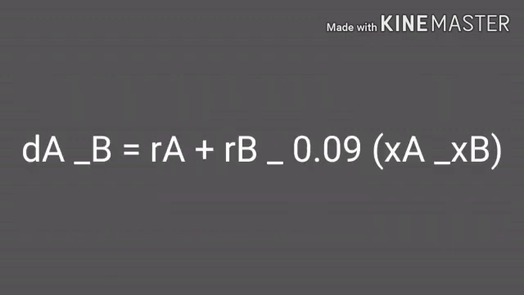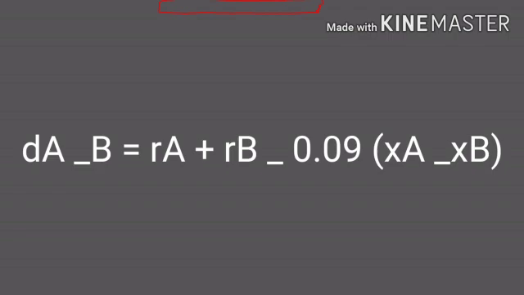See the formula. dA-B equals RA plus RB minus 0.09 into XA minus XB, where dA-B is the internuclear distance between the heteronuclear diatomic molecule, RA is the radius of atom A, RB is the radius of atom B, XA is the electronegativity of atom A, and XB is the electronegativity of atom B. Later we will discuss the electronegativity of atoms.